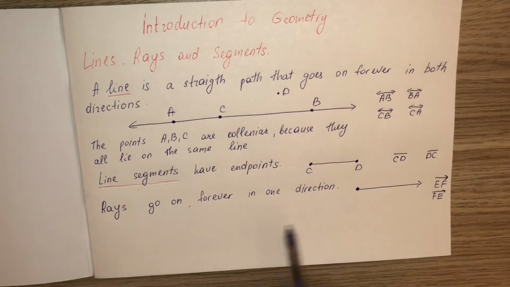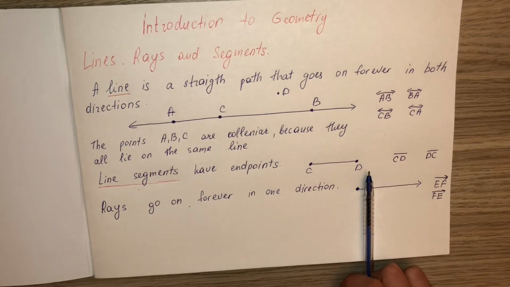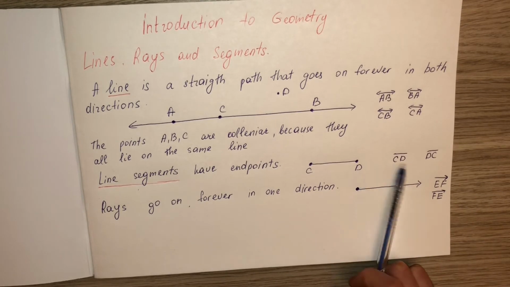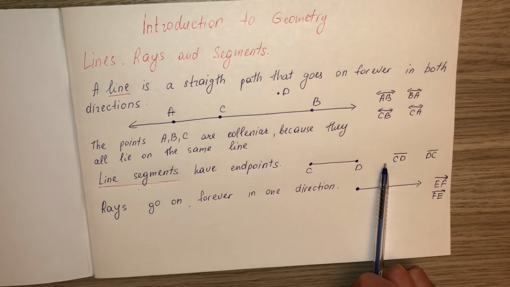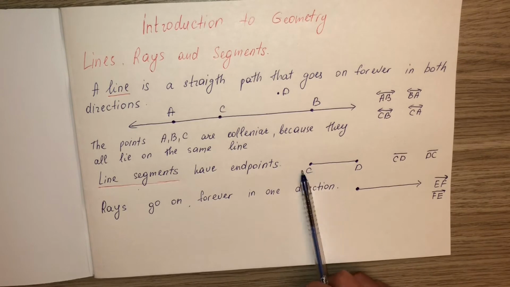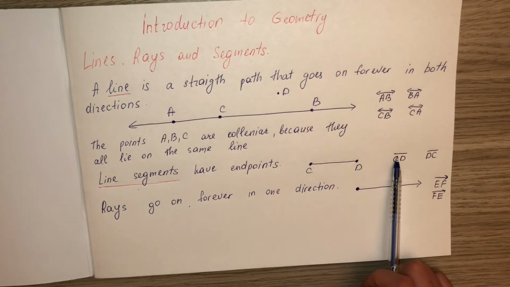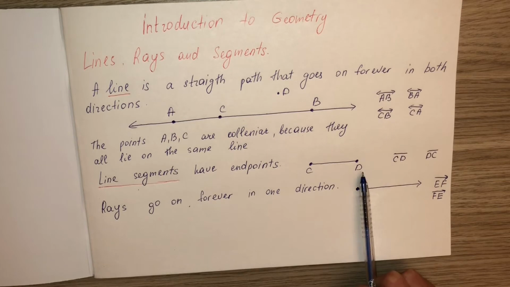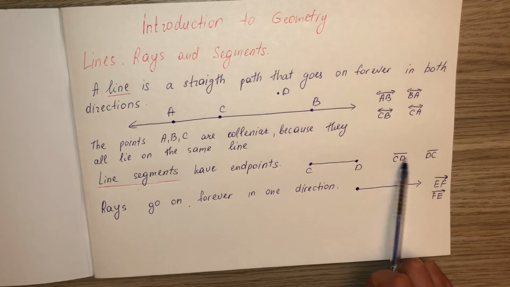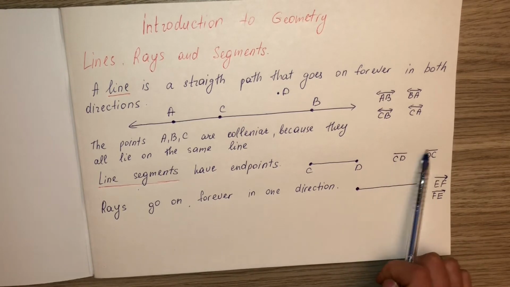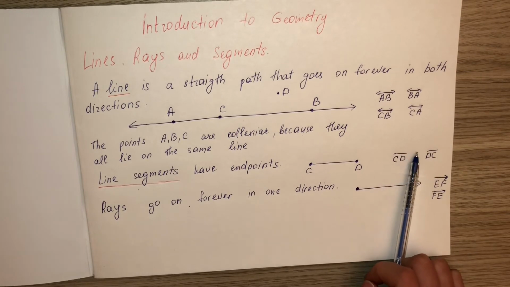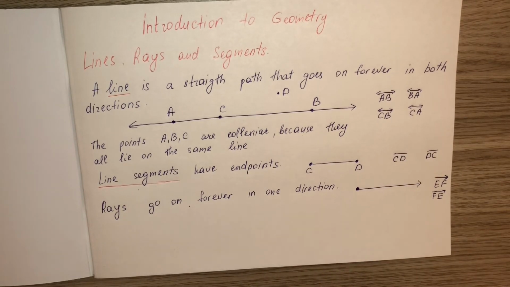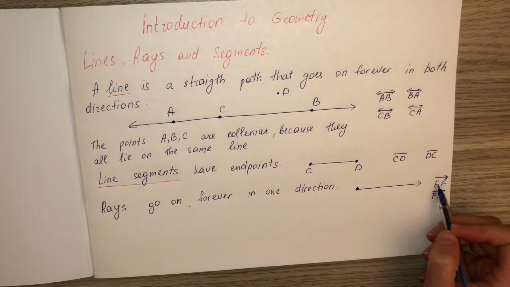As you see here, the line segments have 2 endpoints, and it does not matter with which letter you start. For example, this is called both the CD line segment and DC. These two are correct.